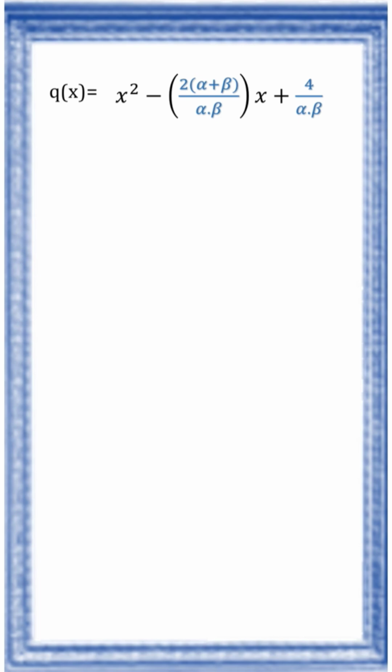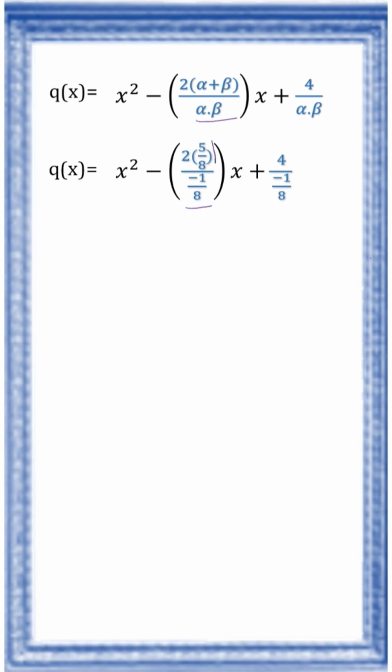Now let us substitute the values of alpha plus beta and alpha into beta. So q of x is equal to x square, alpha plus beta is 5 by 8, alpha into beta is negative of 1 by 8, and 4 by alpha into beta is negative of 1 by 8. Here 8 and 8 get cancelled.